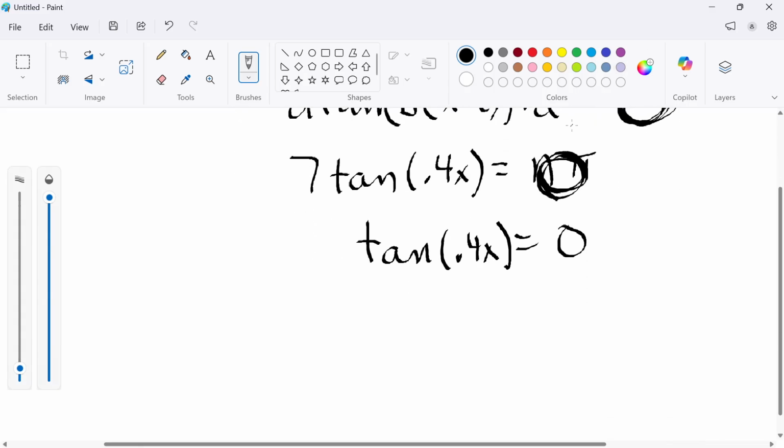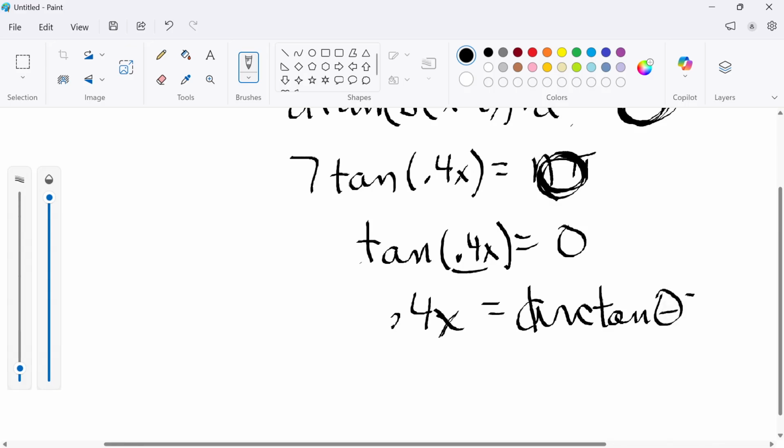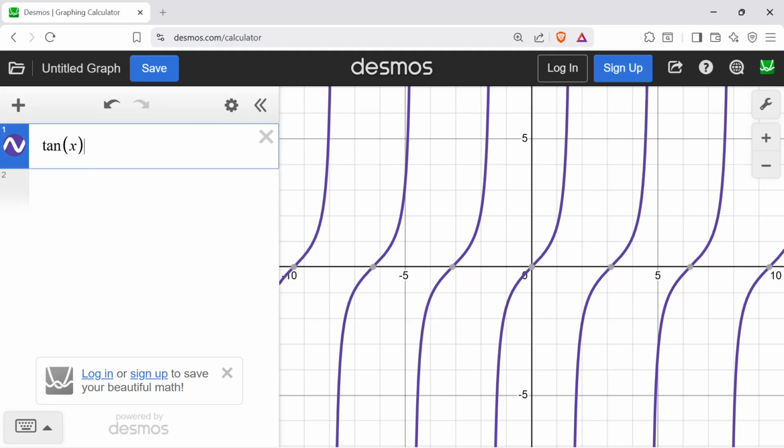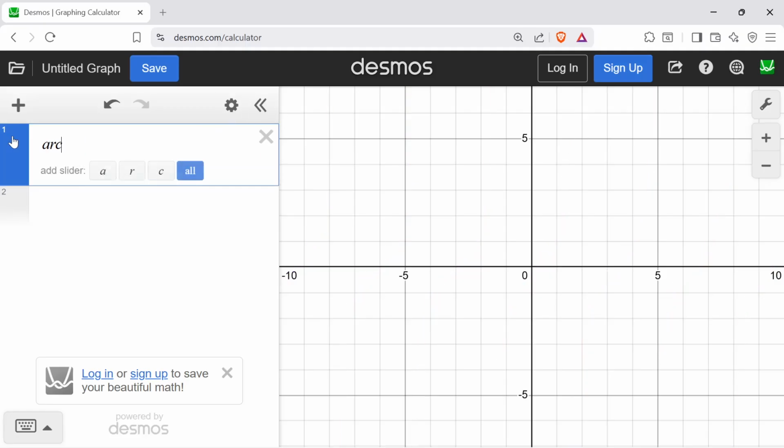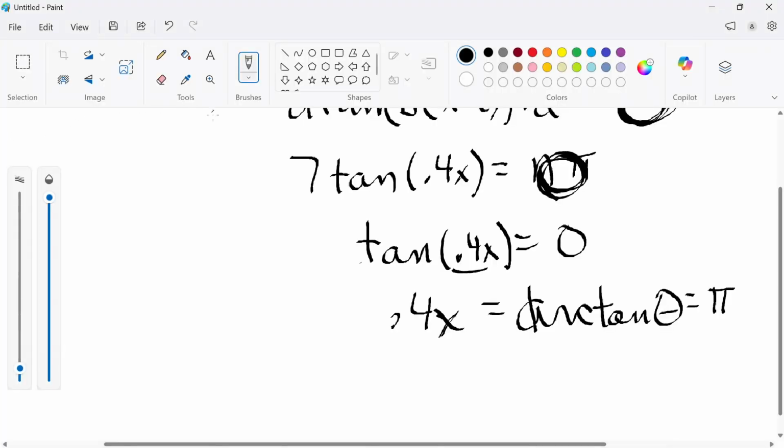And now I take the arctangent of both sides, because the arctangent of tangent is just whatever's inside parentheses. 0.4 x equals arctan of 0. So arctangent of 0 equals pi, 2 pi, 3 pi, 4 pi. I'll prove it. Arctan 0 equals 0.